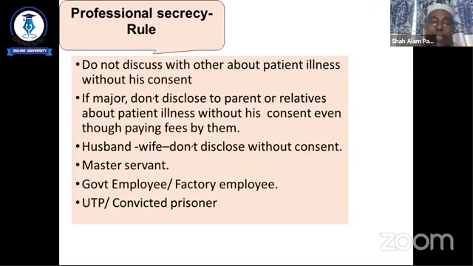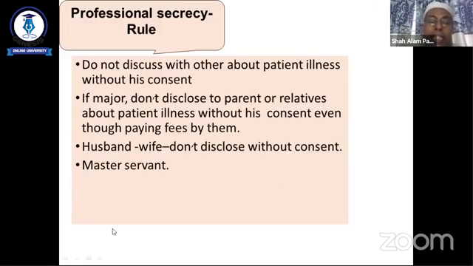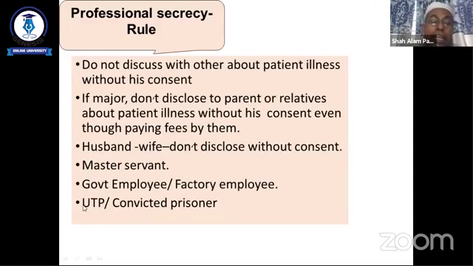In the case of an under trial prisoner, you don't disclose the secrecy to the concerned authority. But in a convicted prisoner, you can.